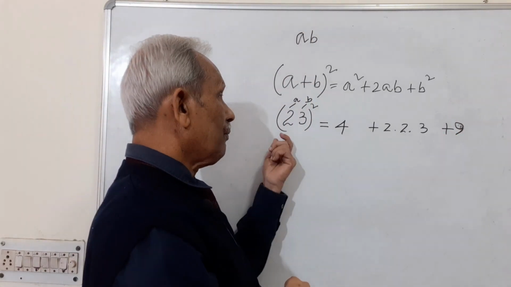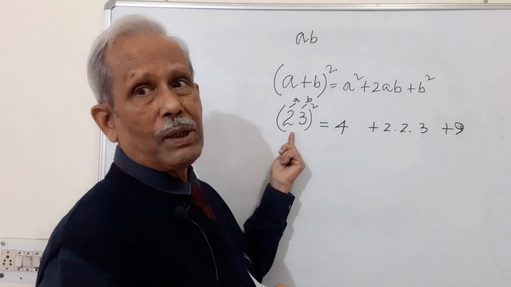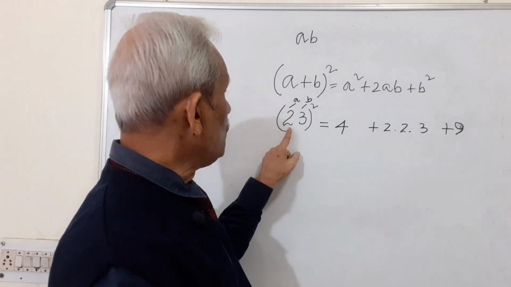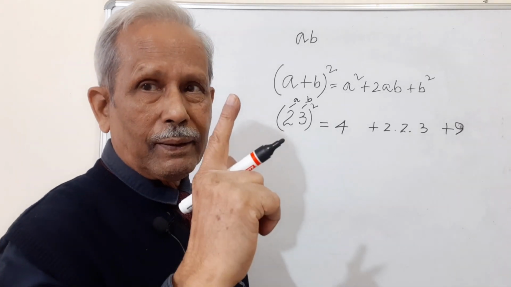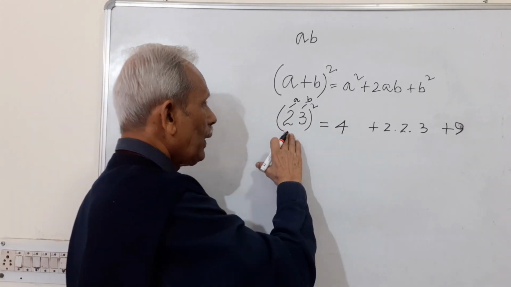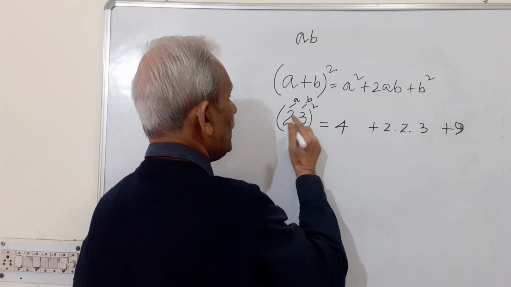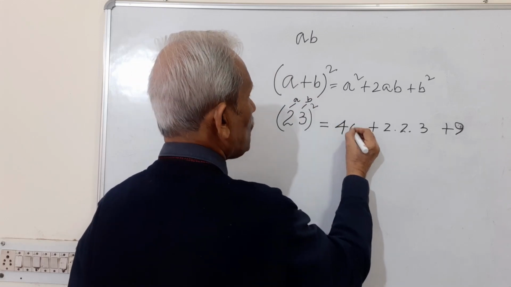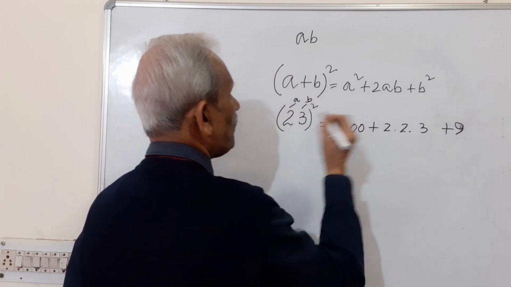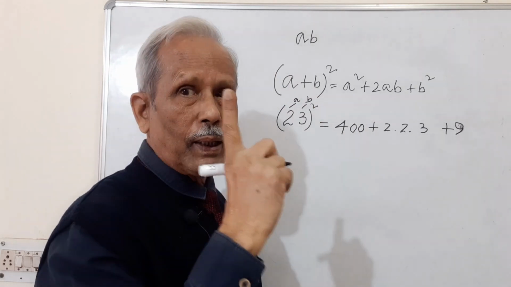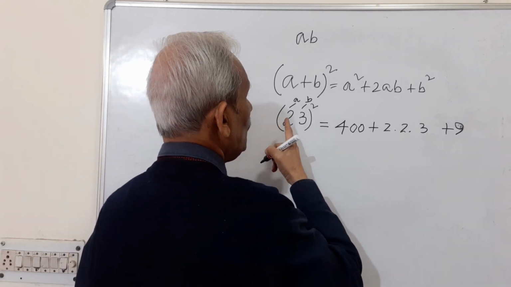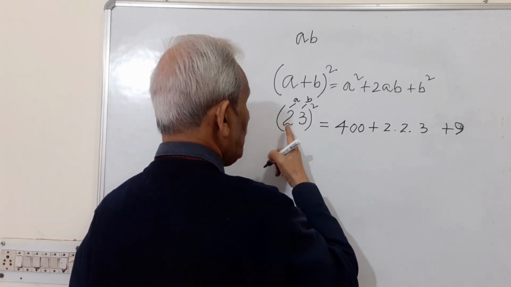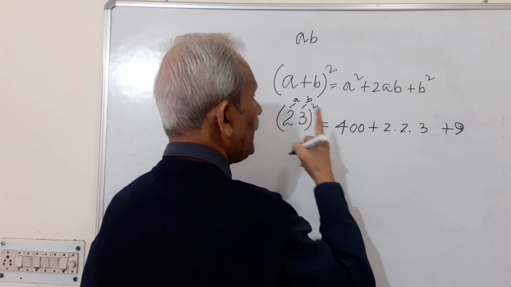If you take the place value of these numbers, here 2 is a digit, but the place value of 2 is 20. So if we are making a square of it, we are actually getting 20 square, and 20 square is 400. And here we are writing 2 into 20 into 3.